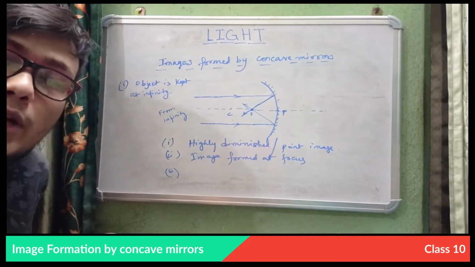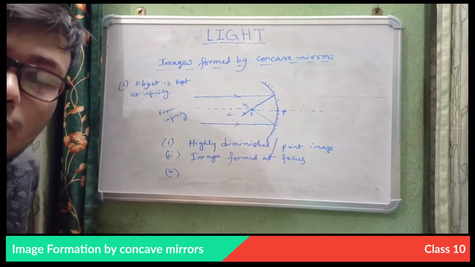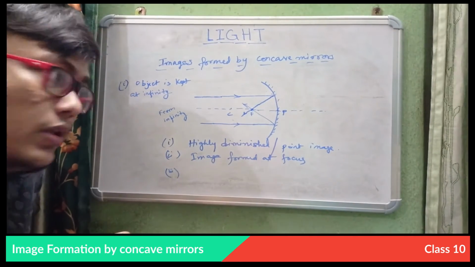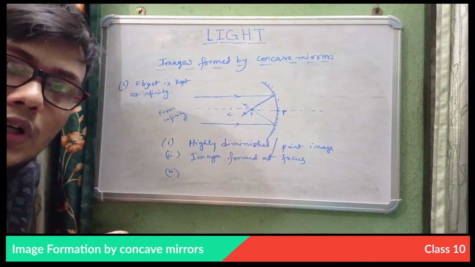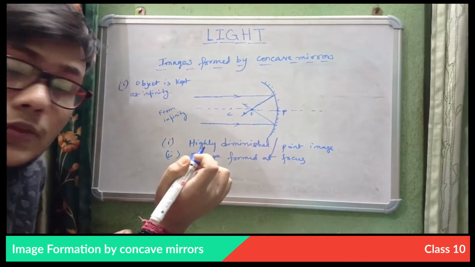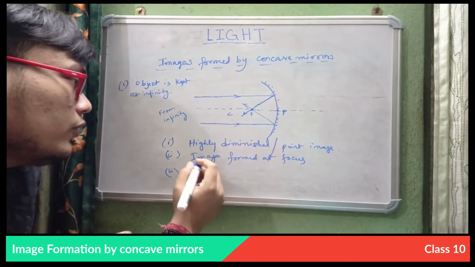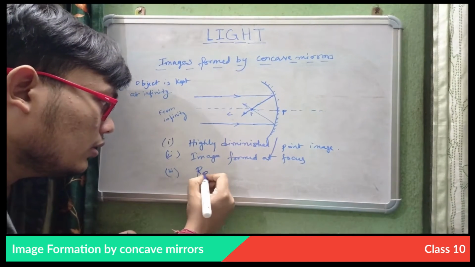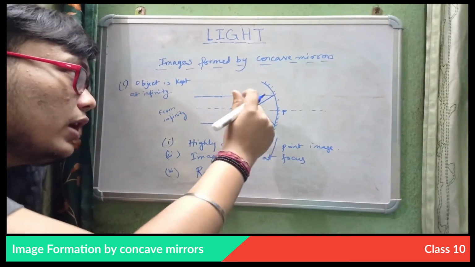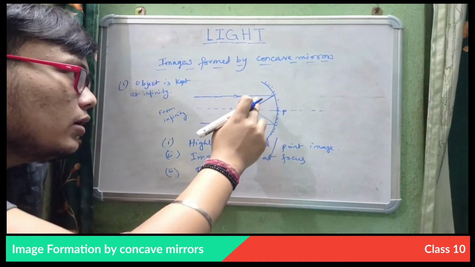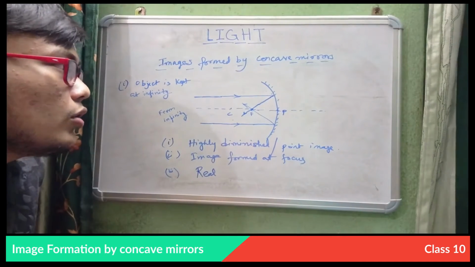I told you in my last video that images formed on the same side of the mirror as the object are known as real images. So it is real, and we can see the rays are converging, right?